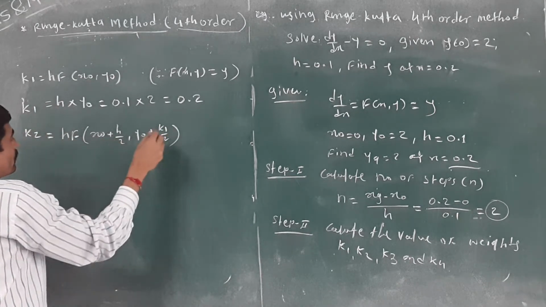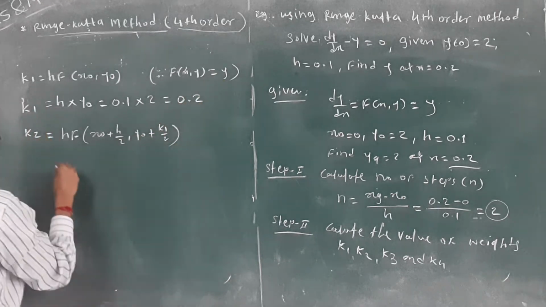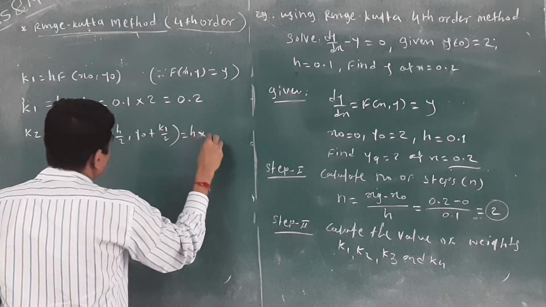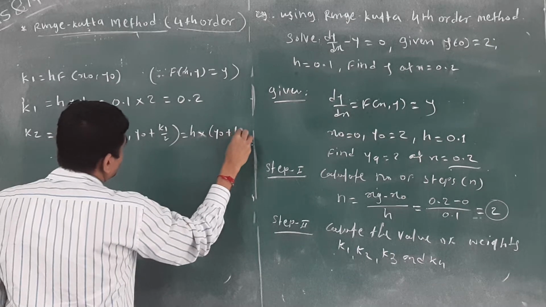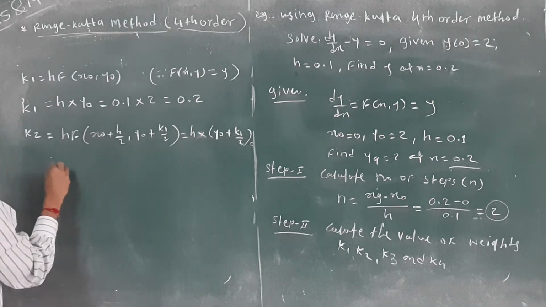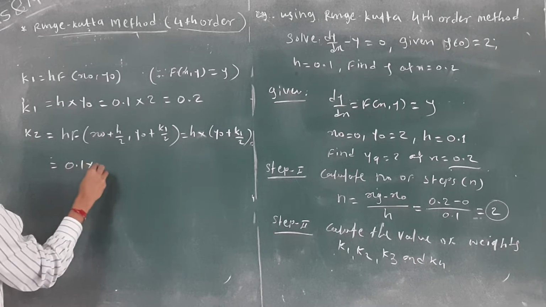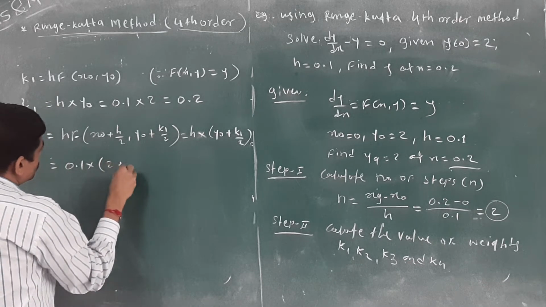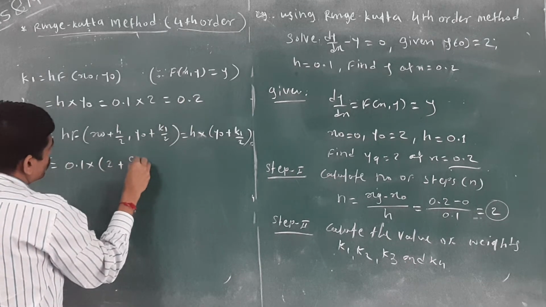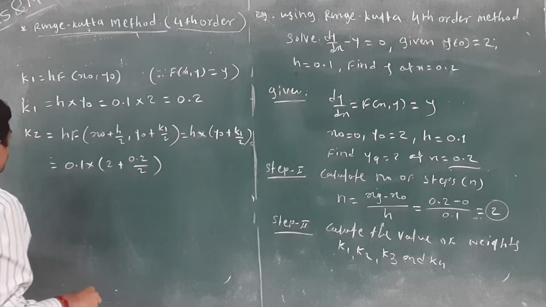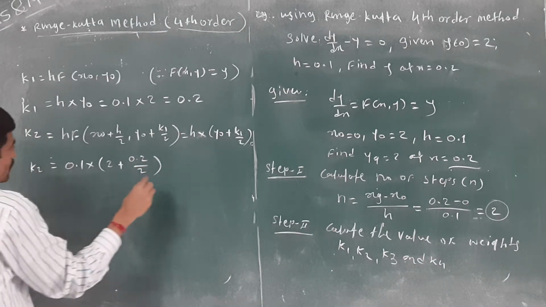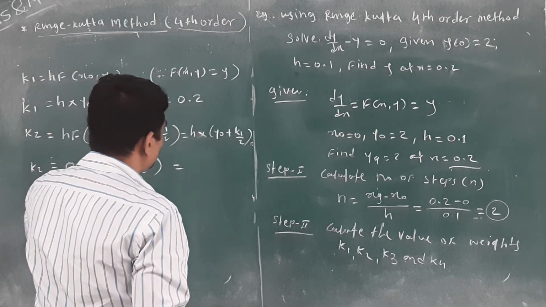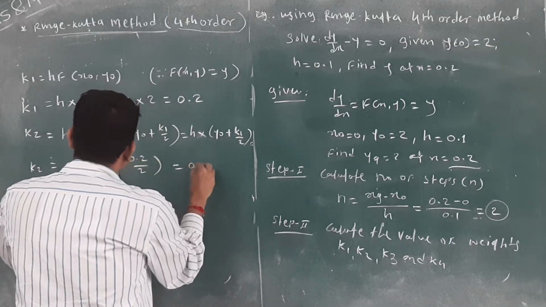Again we don't have x0, so we directly write h into y0 plus k1 by 2. 0.1 into, put this value, y0 is again 2, plus what is the k1? 0.2 divided by 2. Then what is the value of k2? Calculate that: 0.2 divided by 2 plus 2, then you will get 0.21.